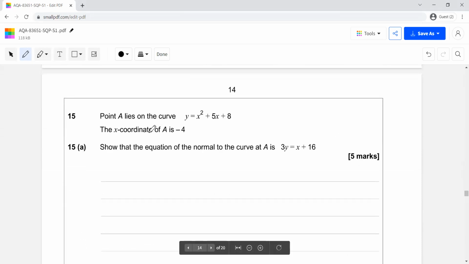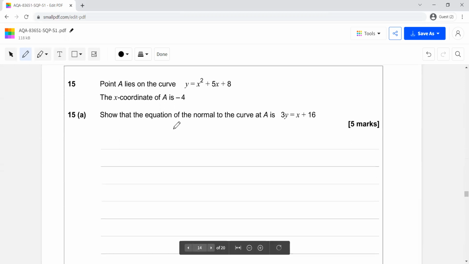Question 15. Point A lies on the curve y equals x squared plus 5x plus 8. The x coordinate of A is minus 4. Show that the equation of the normal to the curve at A is 3y equals x plus 16. So A is the point (minus 4, y).